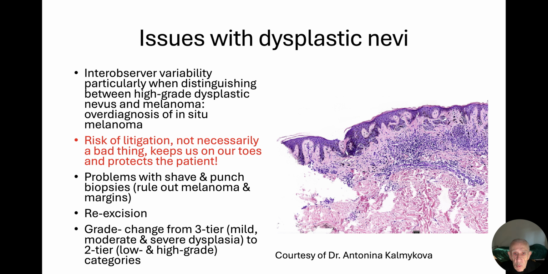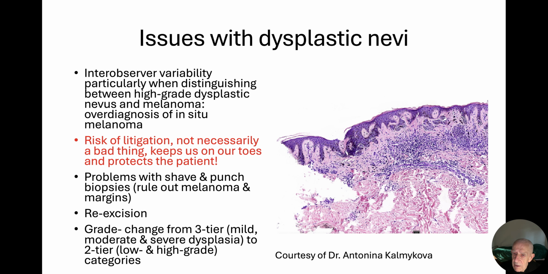So finally, issues with dysplastic nevi. Well, the first thing I would say, and this is the experience I've had from looking at people's comments on McKee down, the first thing is you need to keep to the rules before you make a diagnosis of dysplastic nevus.